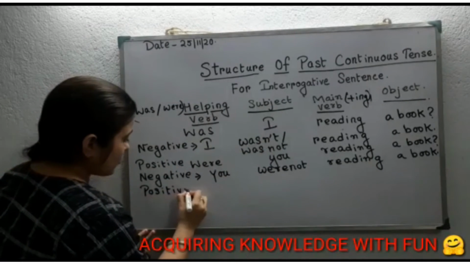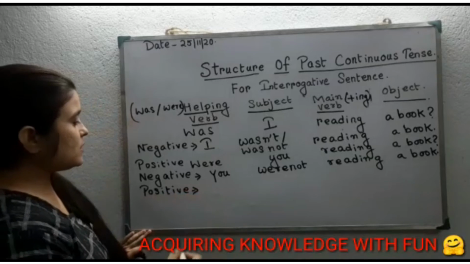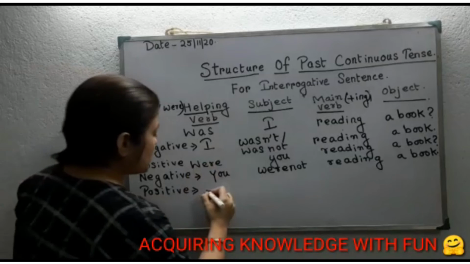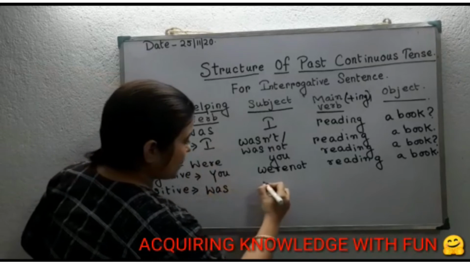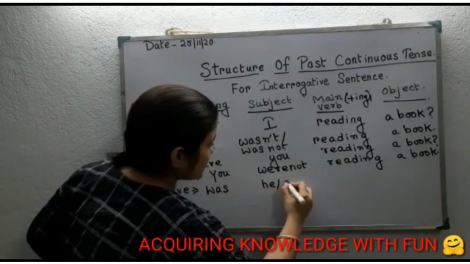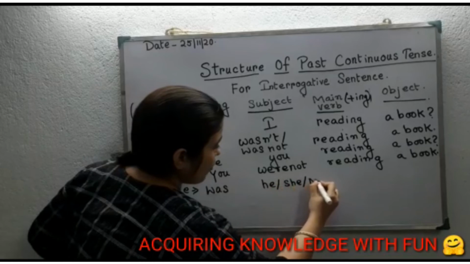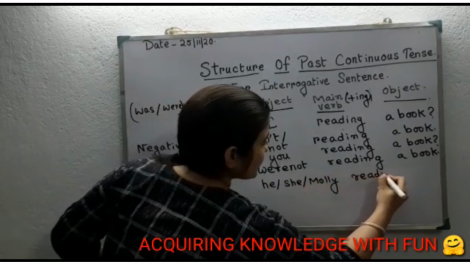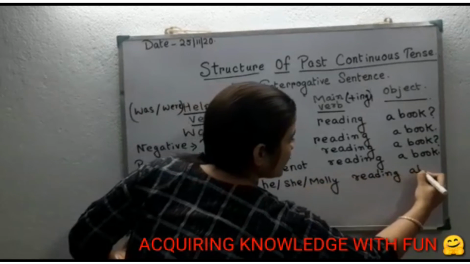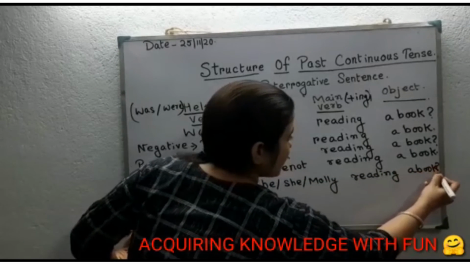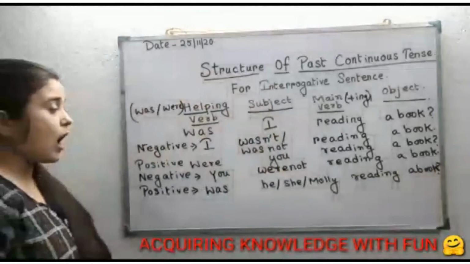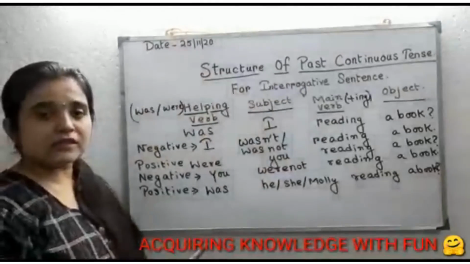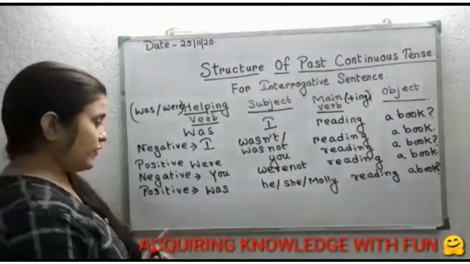Next, again, example of positive sentence like was he, she, or Molly reading a book? Question mark. Now you say me how to frame a negative sentence. What should we take first? First the subject. Very good.